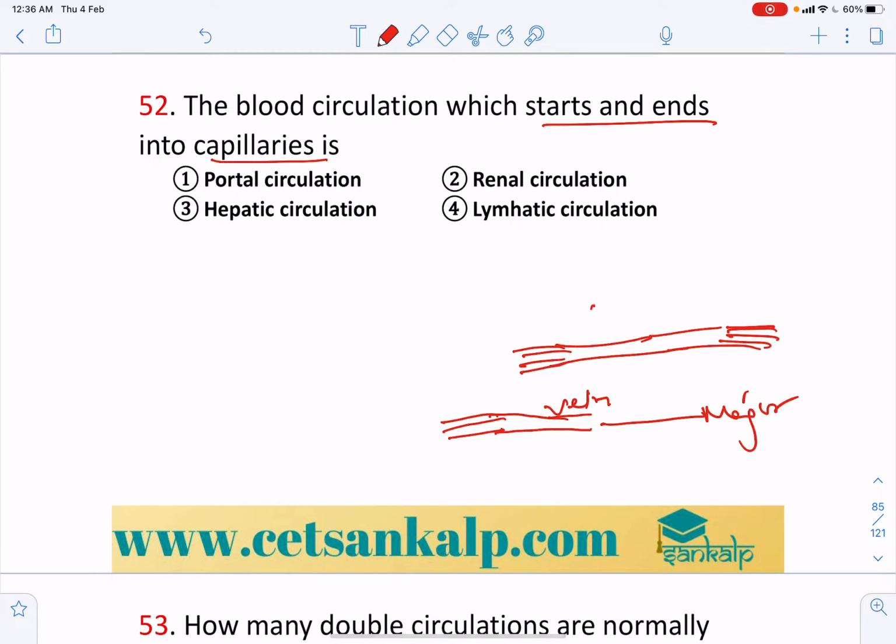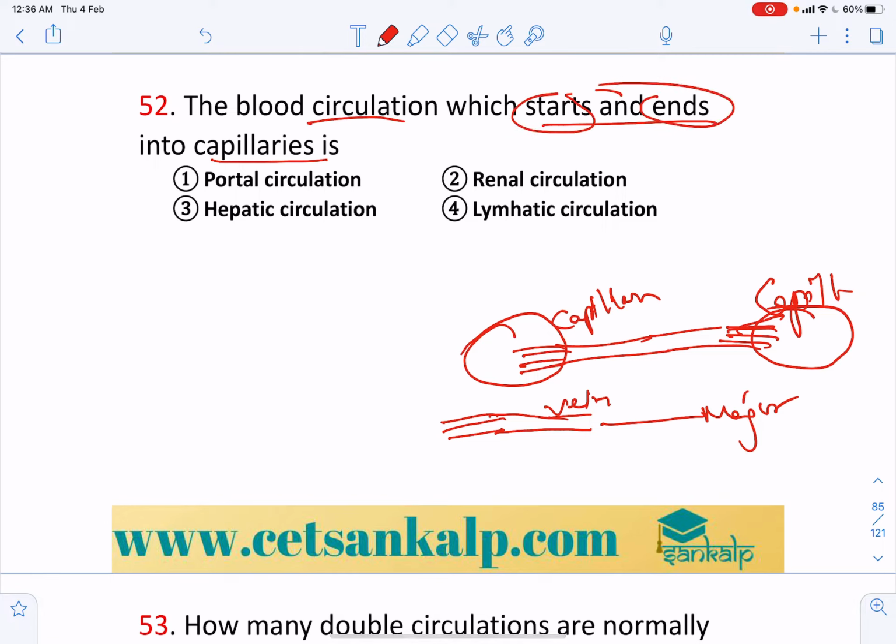Let us recollect the portal system. In one organ capillaries are there, and the blood goes on to join the capillaries of the next organ. So blood circulation that starts and ends with capillaries is portal circulation.